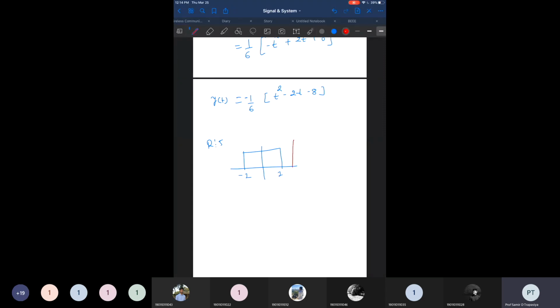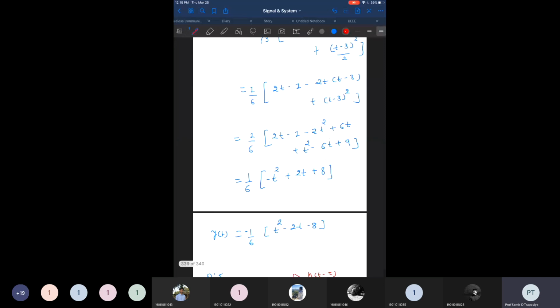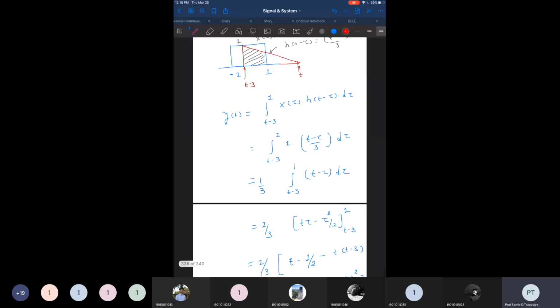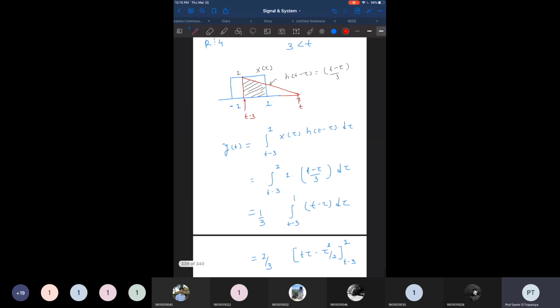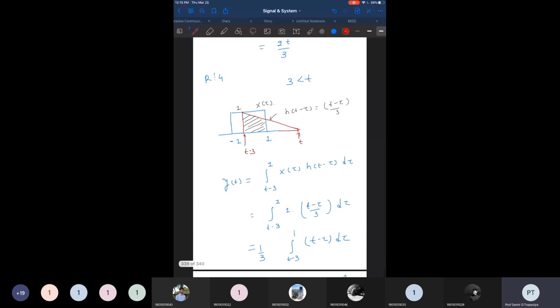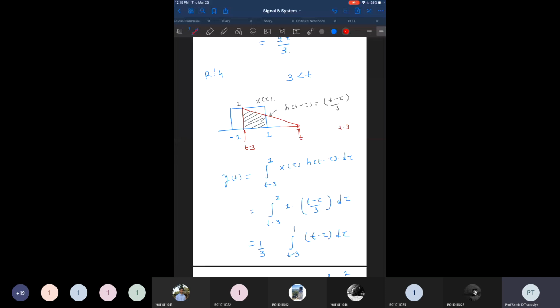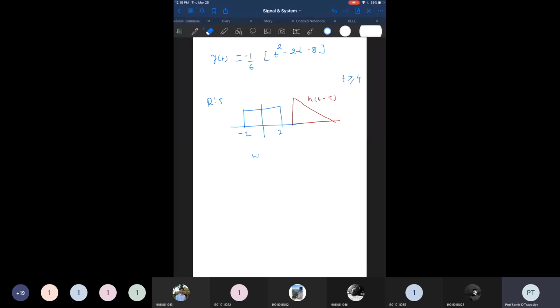Right? And if t is greater than or equal to 4, we don't have overlapping, and if there is no overlapping, then y of t signal is equal to 0.